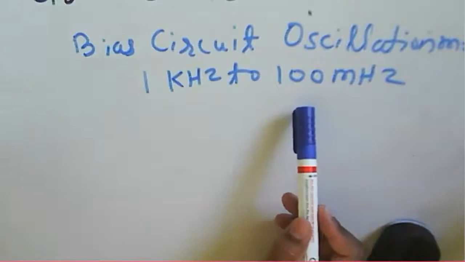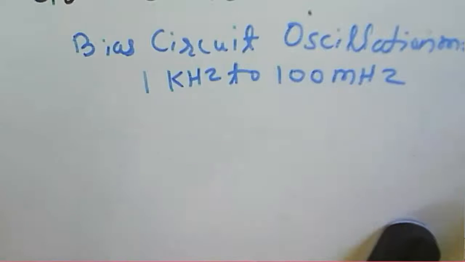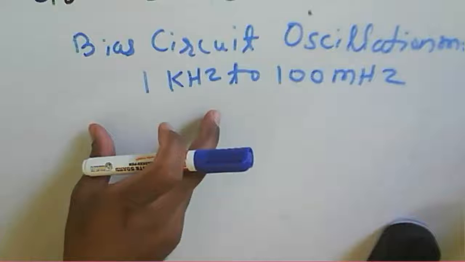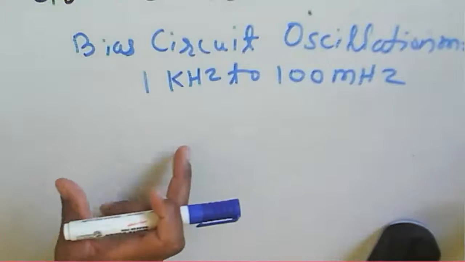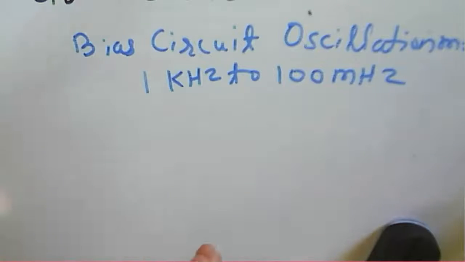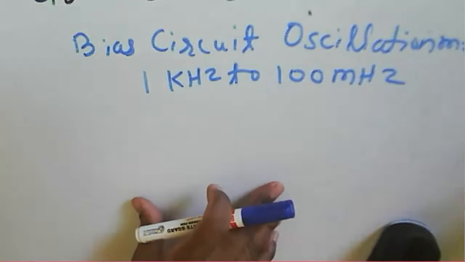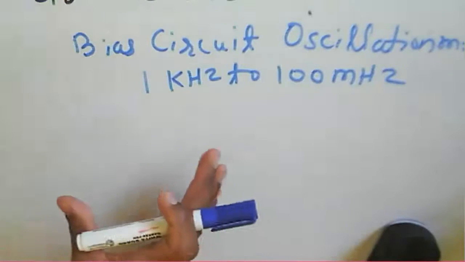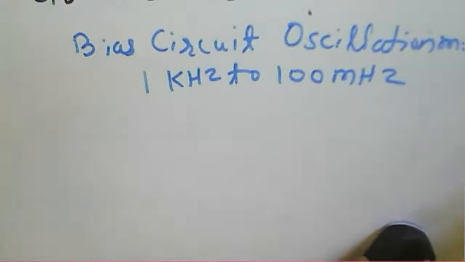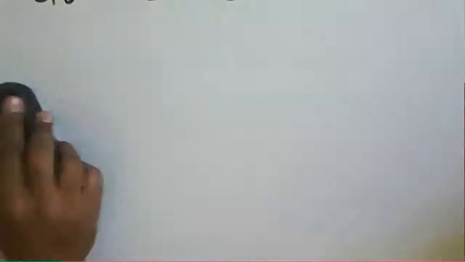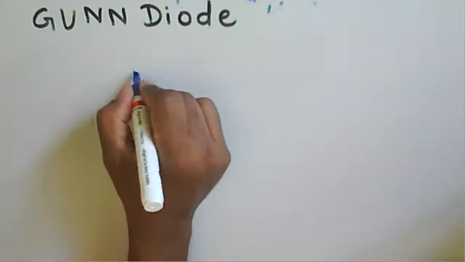That's why we use a Gunn diode with a cavity. The cavity has some resonant frequency, and the Gunn diode will operate at that microwave frequency of the cavity. So we consider the various modes to find in which mode we will get a microwave frequency.